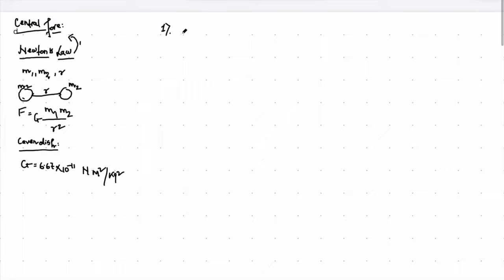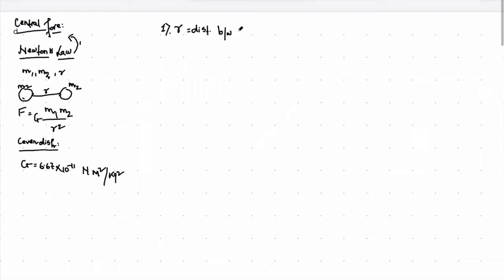So when we are talking about central force, we are talking about r, which is the distance between the two bodies, from center to center. If we are considering central force, we are mostly talking about point masses and so on.